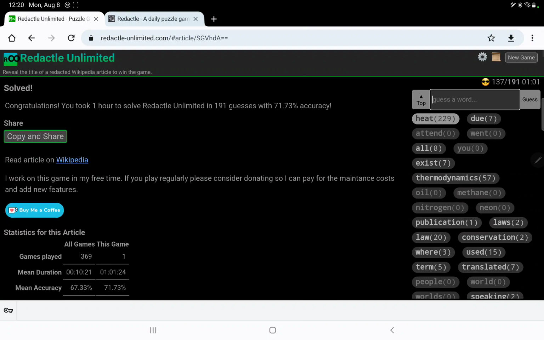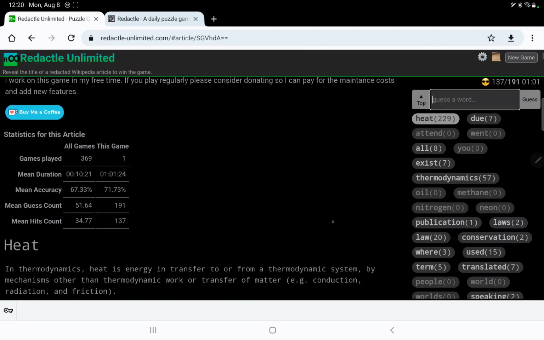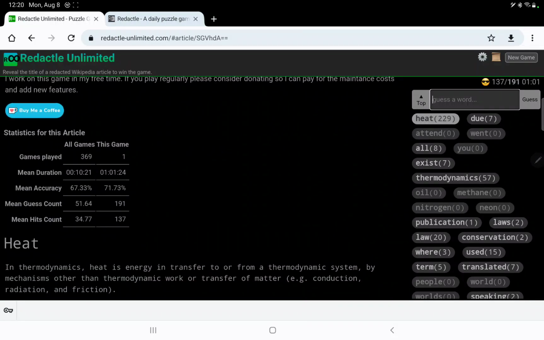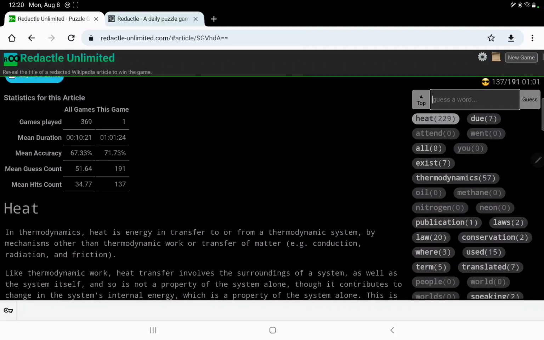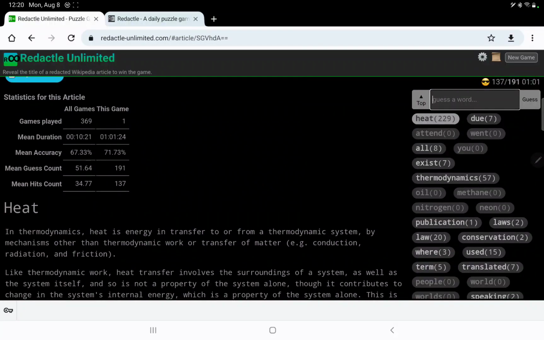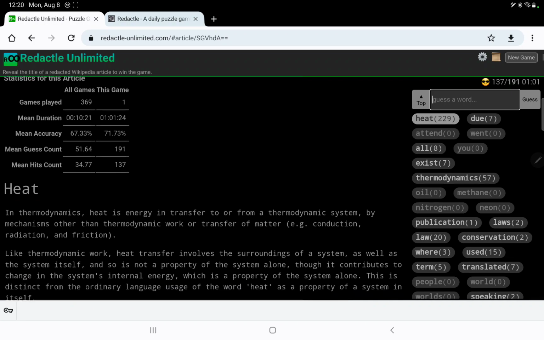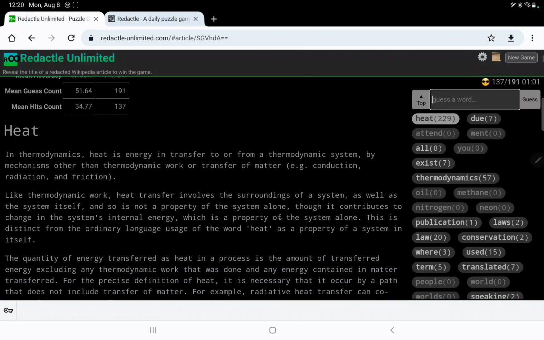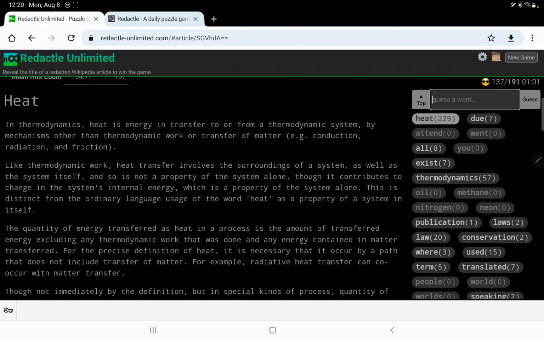It took me an hour, 191 guesses, and I still didn't get it without Googling. Looks like folks got it in an average of 51 guesses. So there we go. Heat is energy in transfer to or from a thermodynamic system.